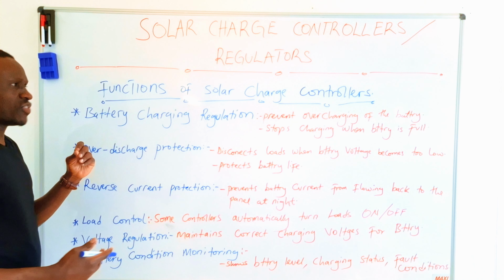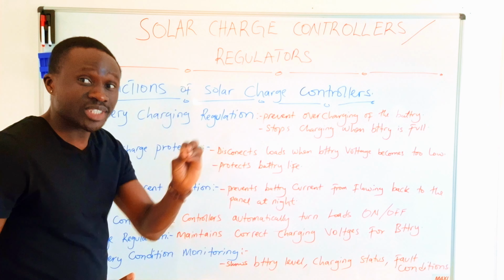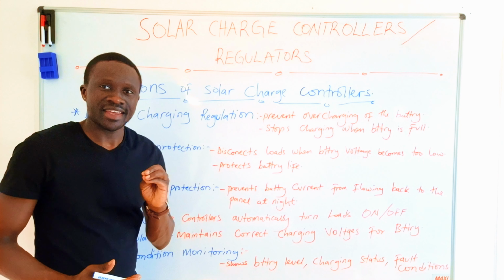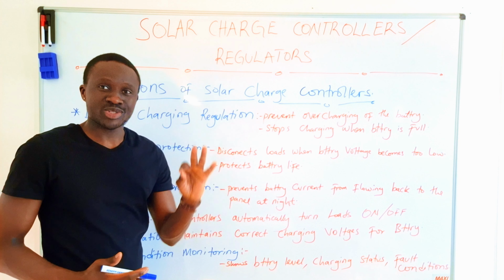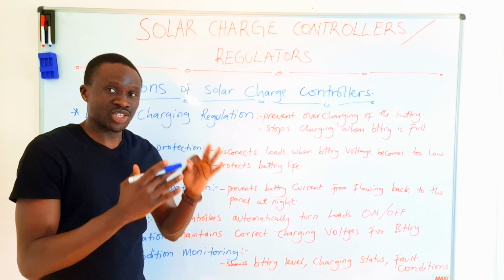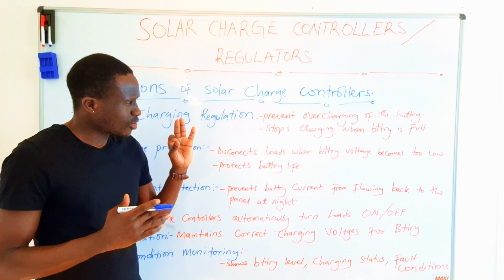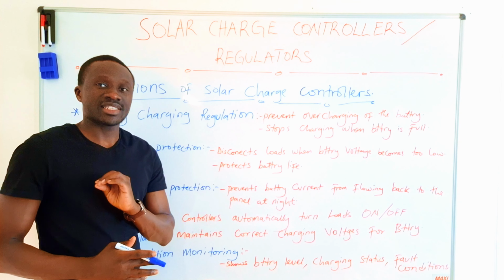Some technicians want to use the system without it, and some customers don't know why it is used. That's why all of us need to know the use of each component, including the charge controller in your solar system.